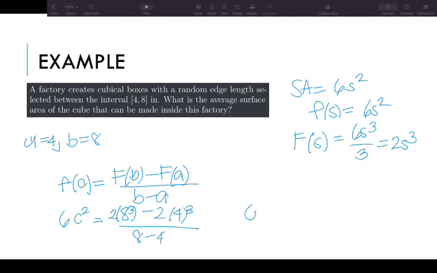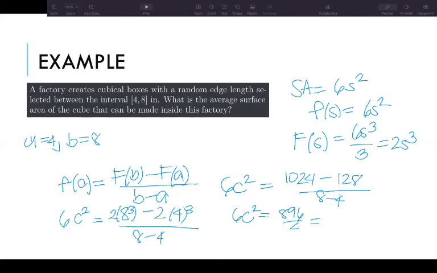This gives us 6c squared equals 1024 minus 128 all over 8 minus 4, right? This gives us 6c squared equals 896 over 4, which is 224. Hence, we have 6c squared equals 224, and c squared equals 224 over 6, which is 112 over 3.